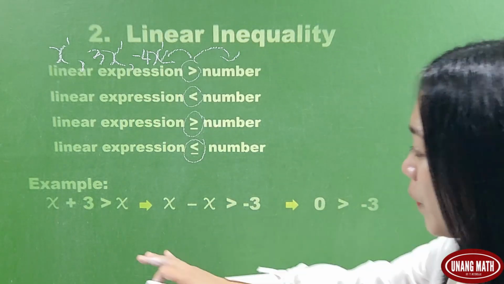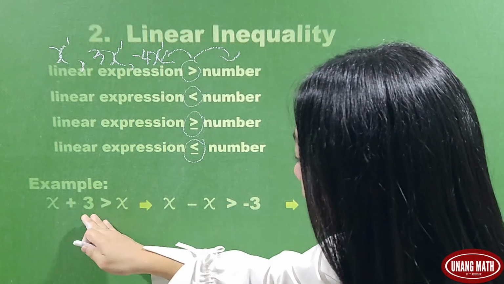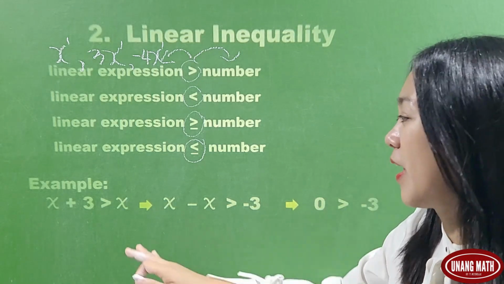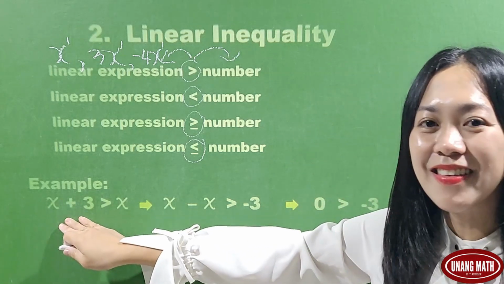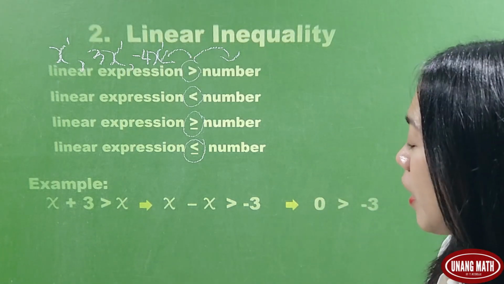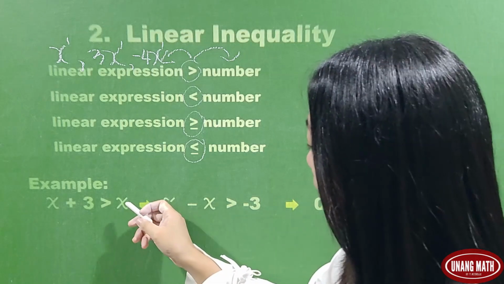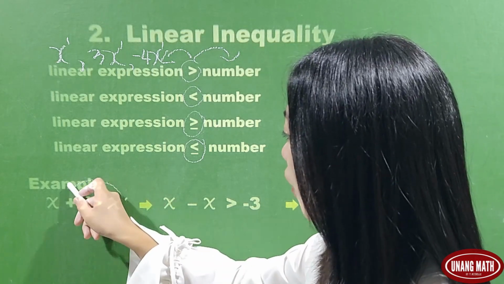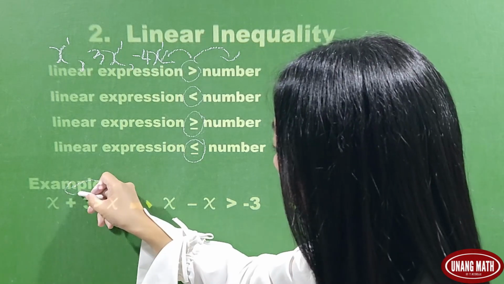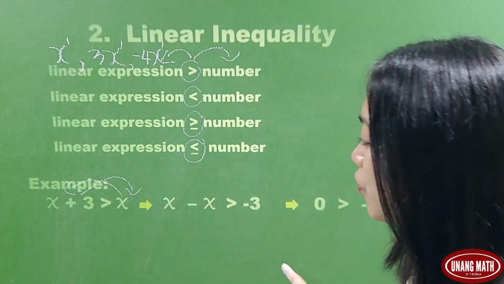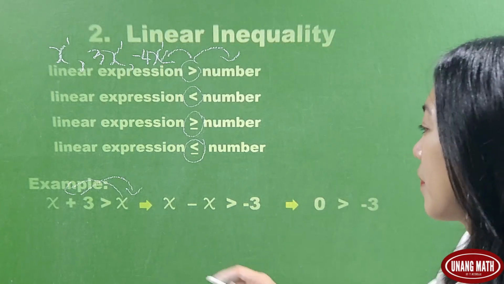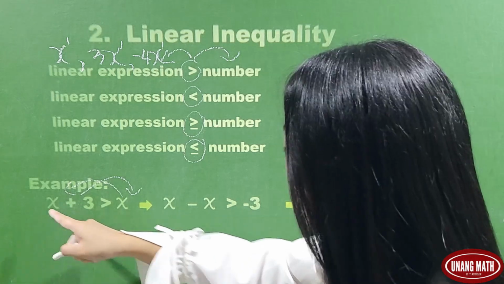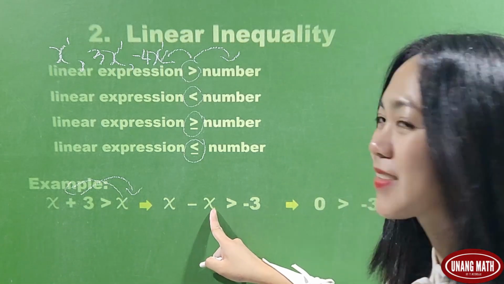Okay, now, we have here x plus 3 is greater than x. Let's find out if this is a linear inequality. Using transposition, we have to move all the terms with variable to the left side, and the numbers should move to the right side. Since this is positive x, if we move it to the left side, it becomes minus x. The sign will change.